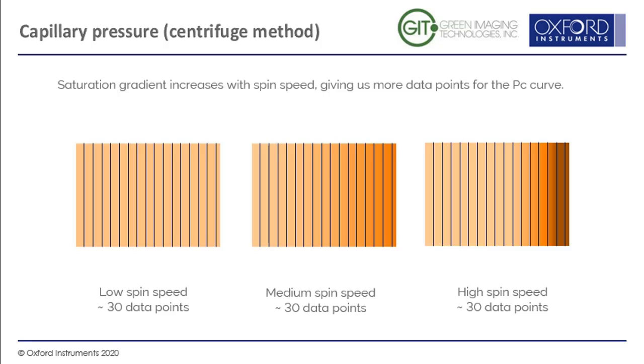For each spin speed, we have 30 to 40 slices for which we can calculate capillary pressure and measure the saturation. So we need only 2 or 3 spin speeds to cover a wide range of capillary pressures and collect 60 to 90 data points for the PC curve.